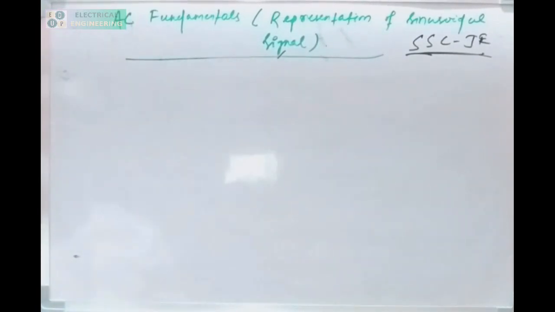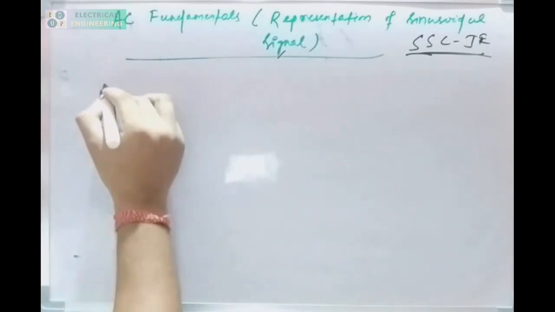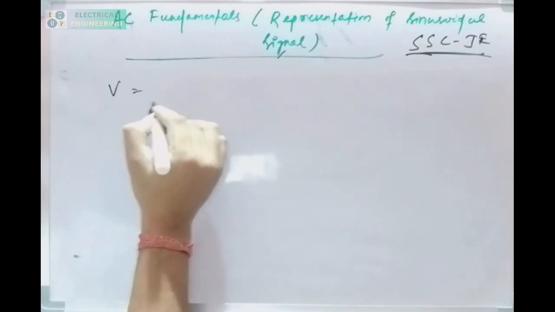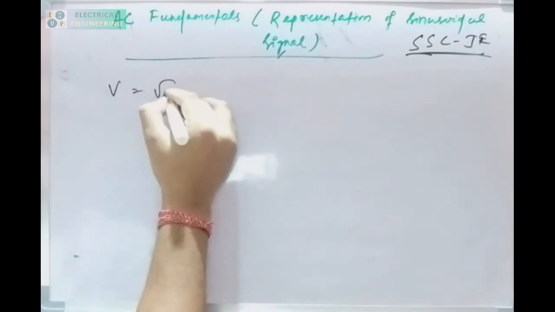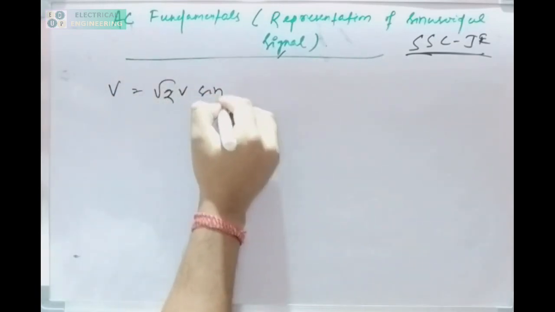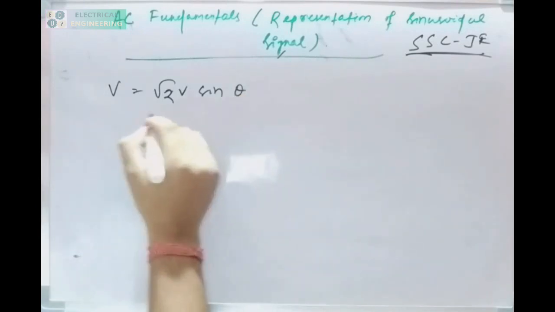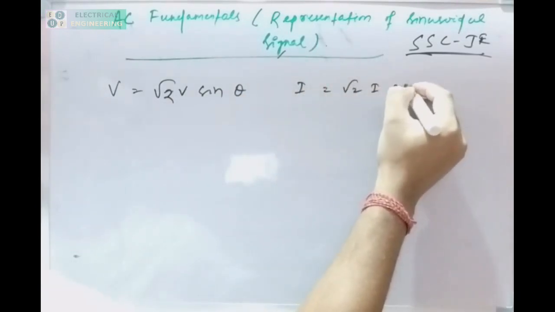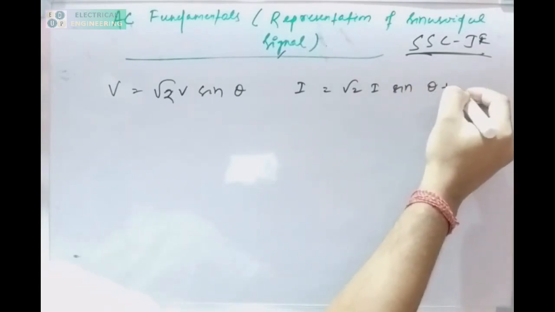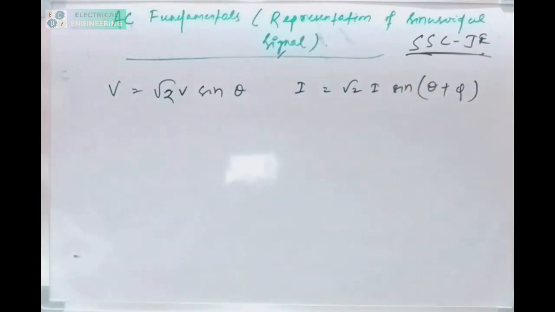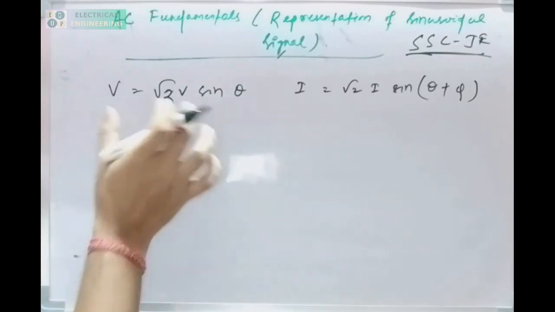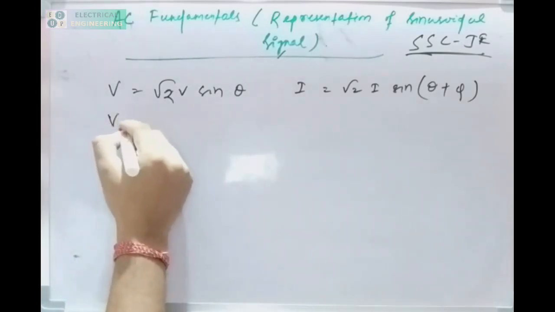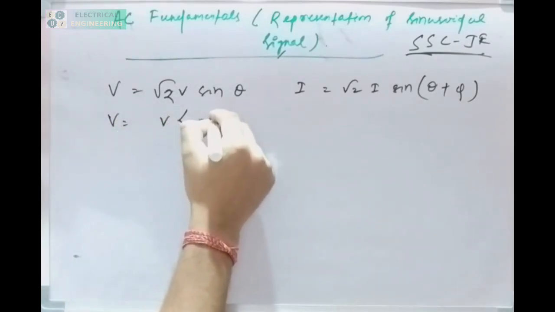If you write those quantities in Cartesian form, let me write the sinusoidal form first. V equals root 2 V sine theta, and current equals root 2 I sine theta plus phi. If I want to write it in the polar form, V equals V angle 0 degree.